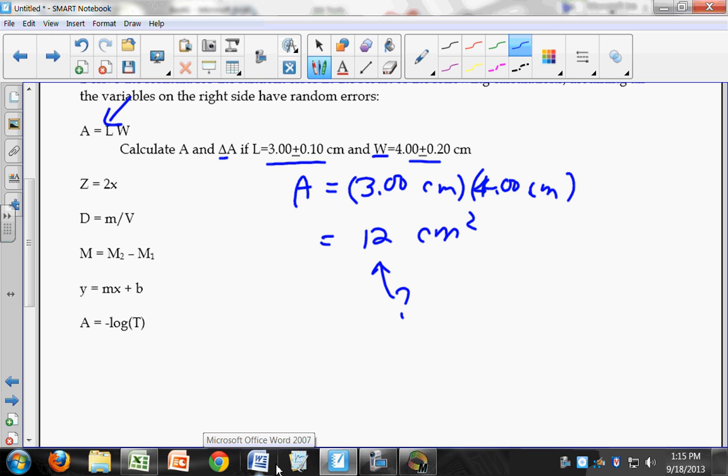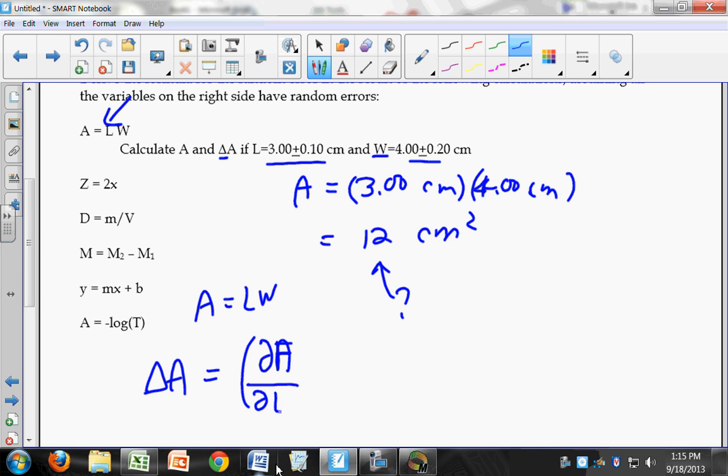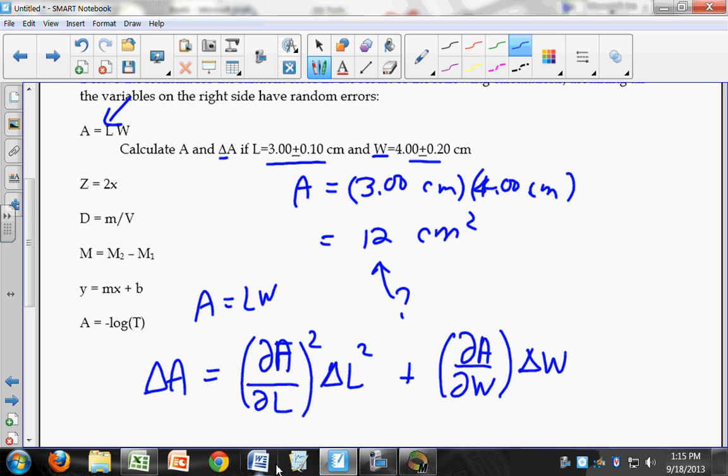Well, delta A equals the partial derivative of f of A with respect to, what does A depend on? Length and width, right? So the partial derivative with respect to length times delta L squared, plus the partial derivative of A with respect to the width times delta W squared.